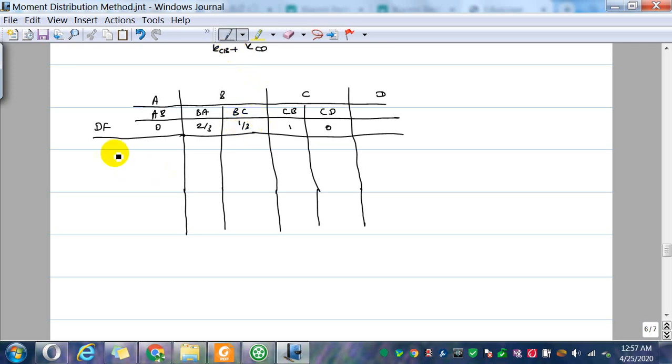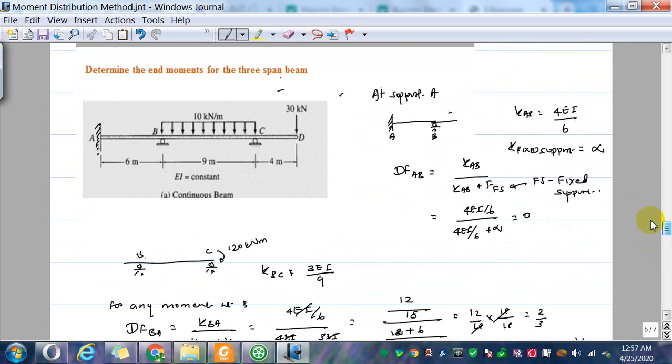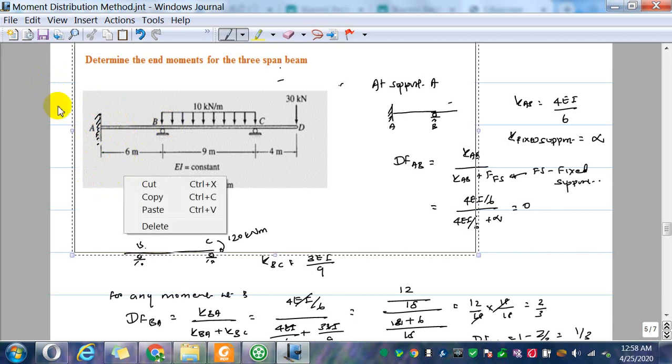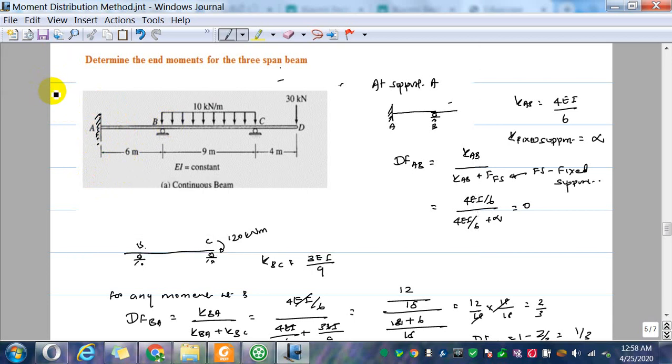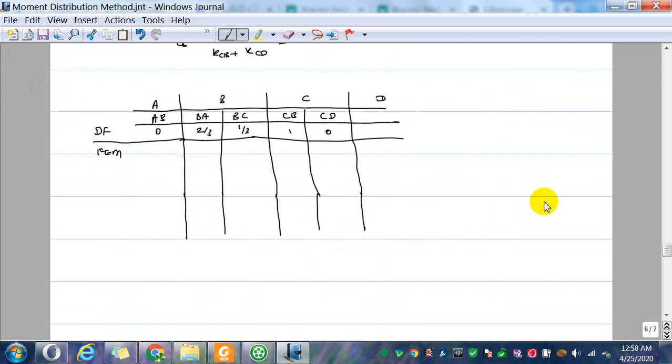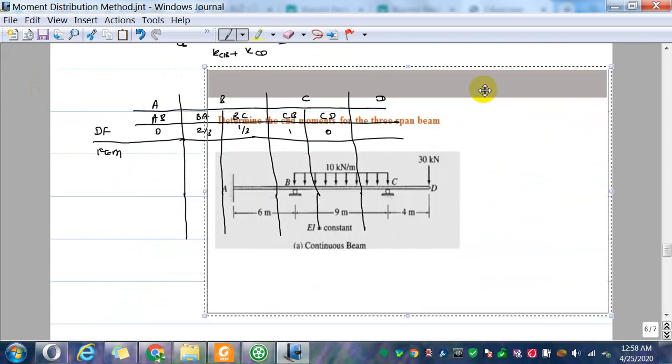Now we need to obtain the fixed end moments. This is similar to what we did for the slope deflection method. So if you consider the fixed end moments, here you have FEM. Let me copy this.